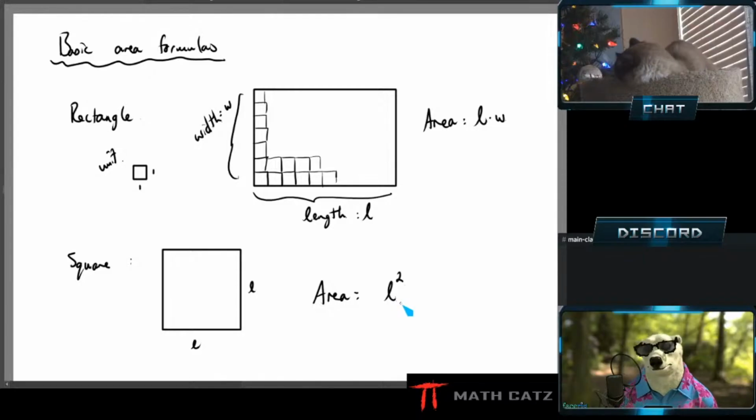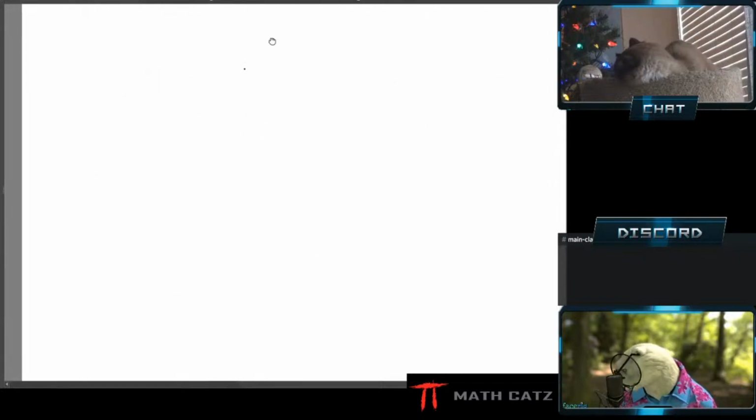It's still the formula. It's no different because a square is just a simple rectangle, so the formula would, of course, fit with that more general formula. So let's make it a little bit more interesting at least.